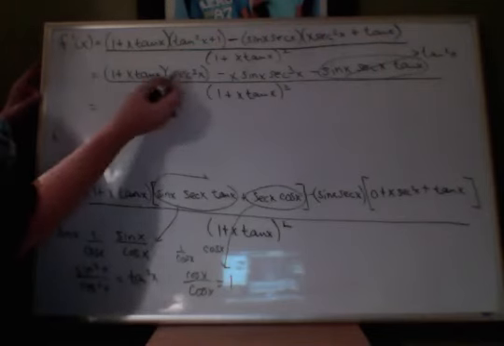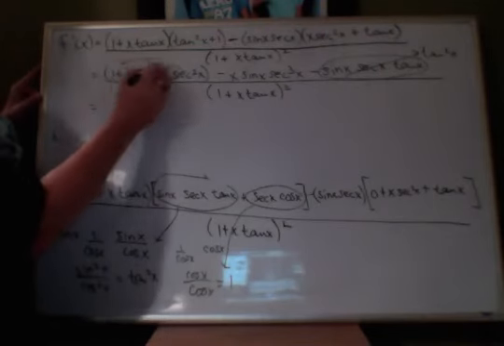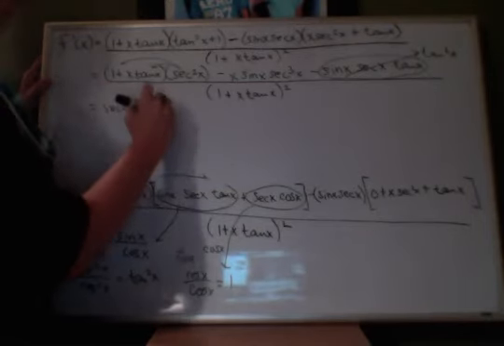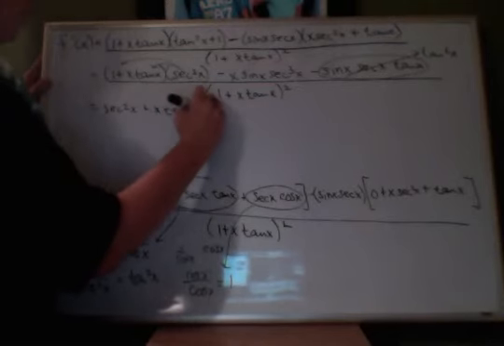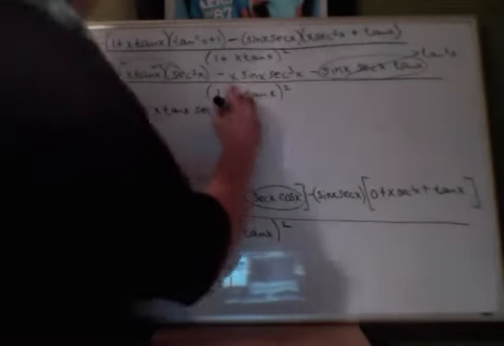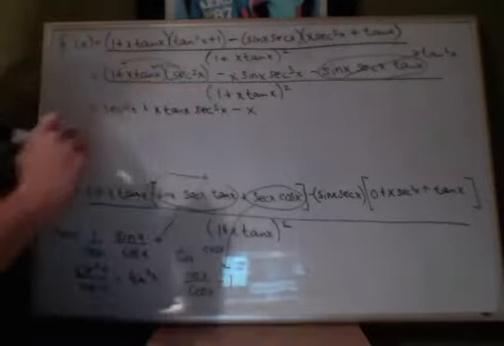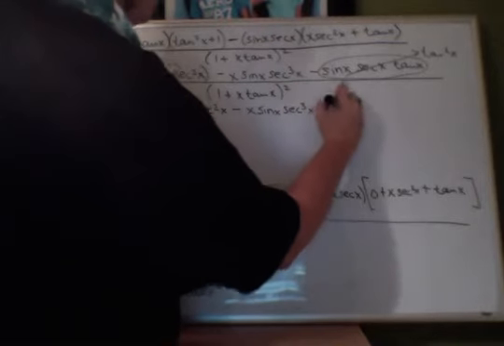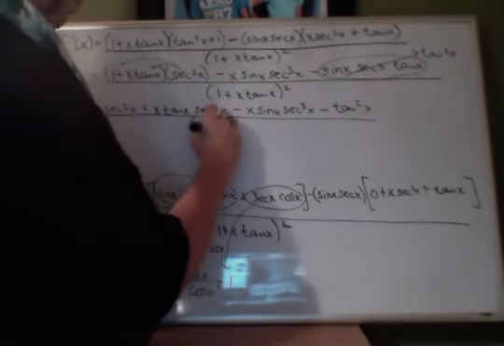All right, so we're now going to distribute this secant squared into this parentheses. So I'm going to end up with secant squared plus x tangent x secant squared minus x sine x secant cubed minus tangent squared, all over 1 plus x tangent x squared.